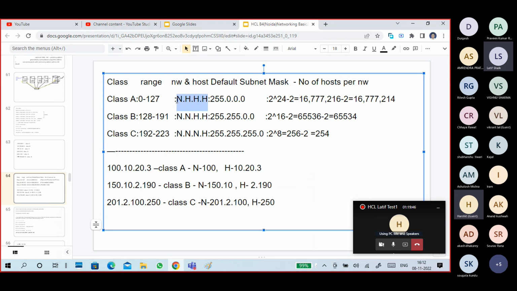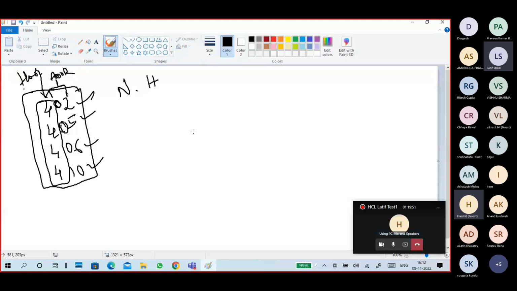So here it is. We have class A, class B, class C. These 4 octets. Okay. In each class, the octets represent the network and host portion.